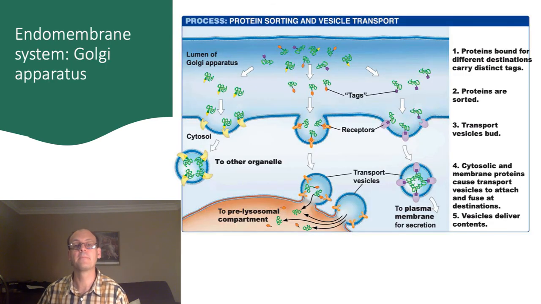Once it arrives at the Golgi apparatus, it fuses with what's called the cis face of that Golgi apparatus. Now, some modifications continue to be made to proteins in the Golgi apparatus. However, the main function of the Golgi is as an addressing and delivery system. The Golgi apparatus sorts proteins by having clusters of similar receptors located in its membrane.